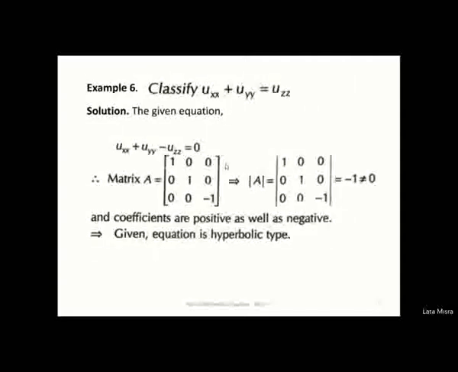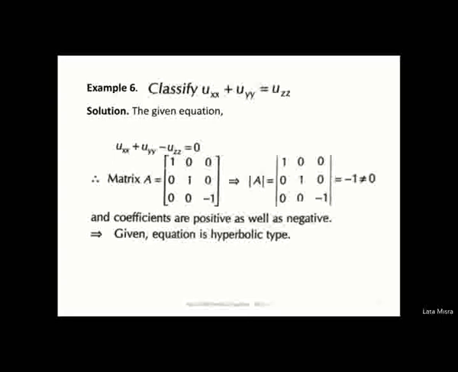Now let's see the example. uxx plus uyy equals uzz. Here we have three independent variables x, y and z, and u is the dependent variable. Taking uzz to the left hand side, we have the partial differential equation uxx plus uyy minus uzz equal to 0. The coefficient of uxx is 1, the coefficient of uyy is 1, and the coefficient of uzz is minus 1.